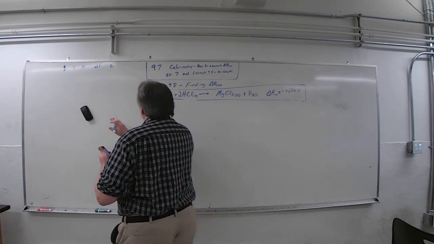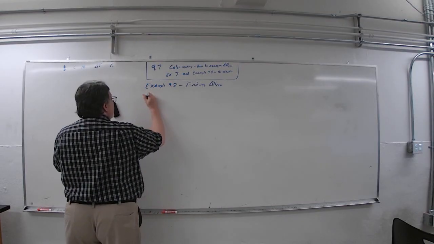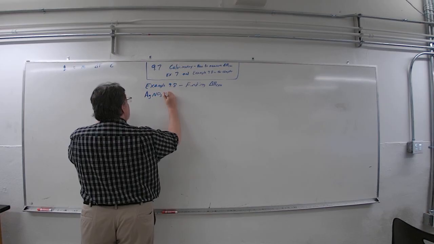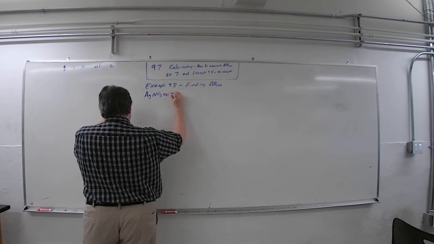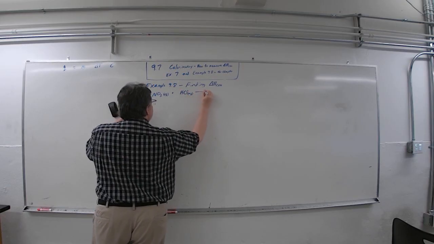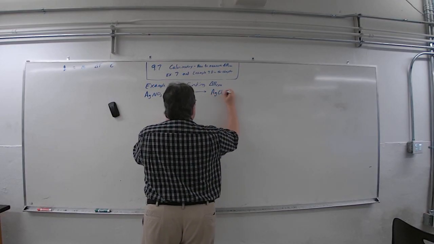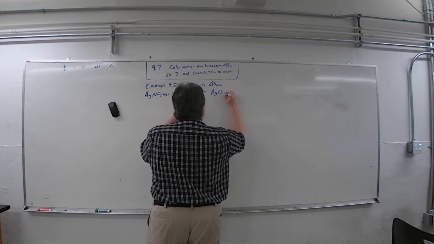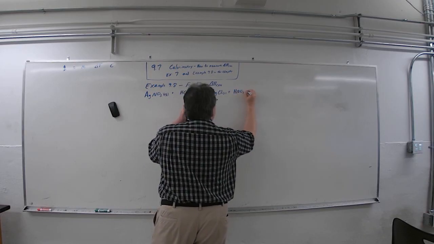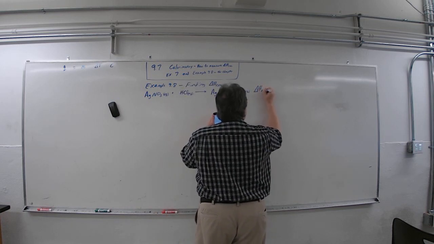So we're given AgNO3, silver nitrate, aqueous plus HCl, aqueous. Put those two things together and you get AgCl, solid plus. The question is, what is the delta H of reaction?